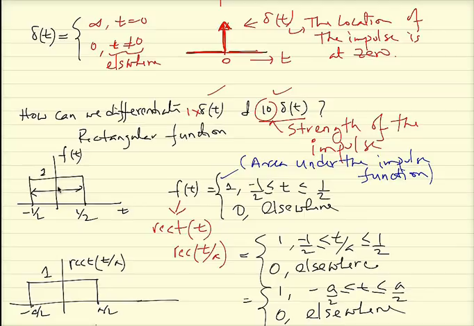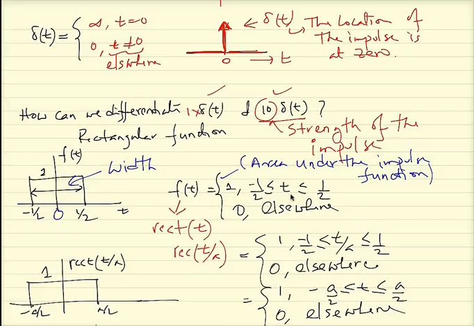This rectangular function is located at t equal to 0, but it has a width. So this is the width of the rectangular pulse. This rectangular pulse has a width of 1 second, and we express that with rect t, right?